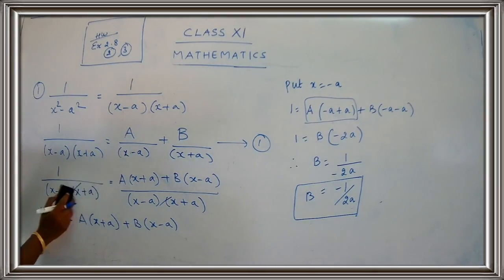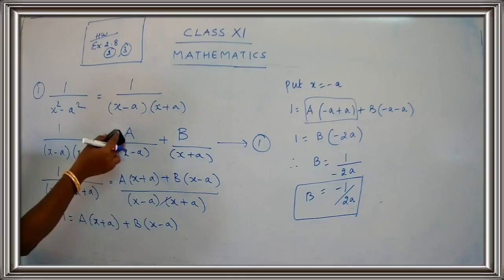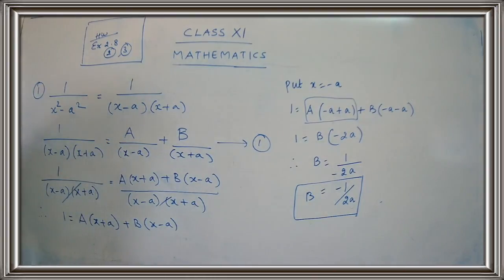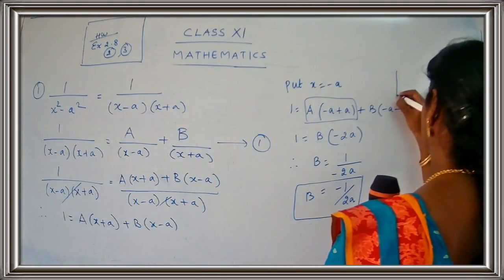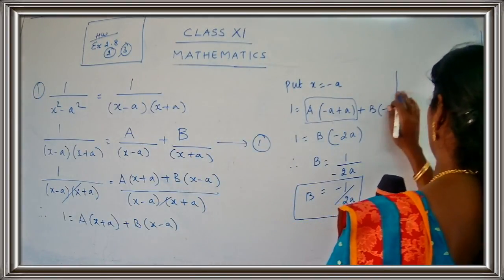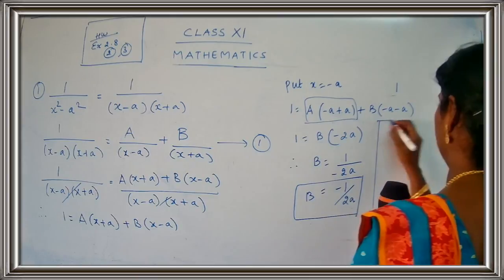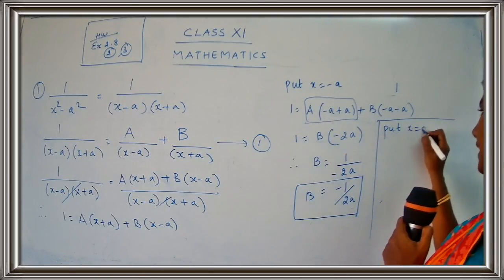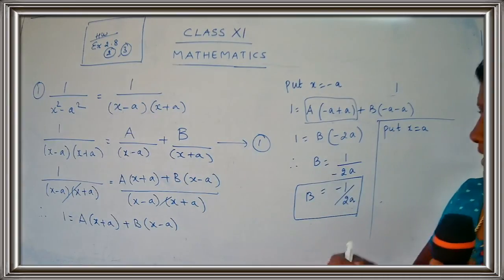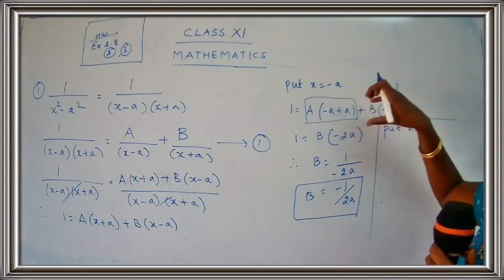Come on, put the value for x as a. I need this step, so I'll just keep this step because I have to put the value over here. So I'll just continue that side. So I'll put x is equal to a. I told you I'll do it directly. First step I have shown you how to do the work.